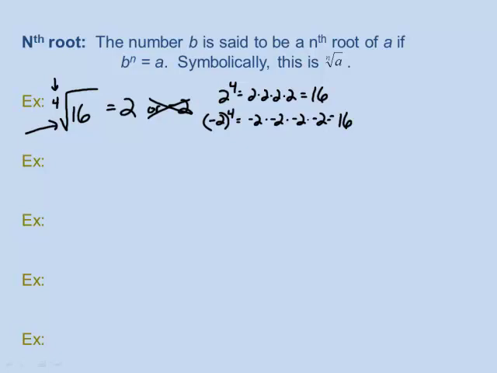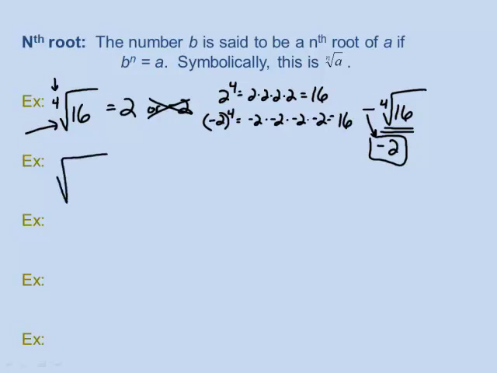If we wanted the negative root, we would have to put the negative outside of the radical symbol. Okay? Do the radical piece first, that gives us a positive 2, and then apply the negative to get the -2 back out of it. So the 4th root of positive 16 is positive 2 only.